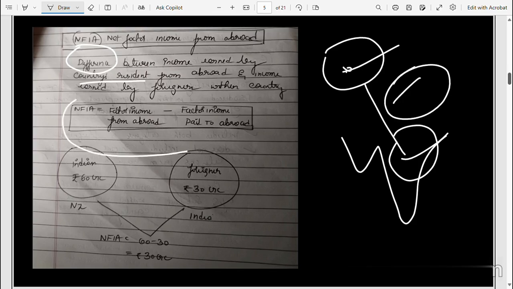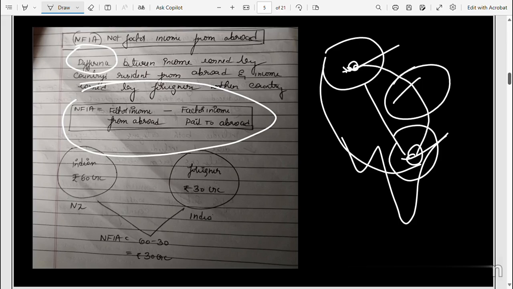So how do we calculate it? The net factor income is equal to factor income from abroad minus factor income paid to abroad. Here the foreigner is working in India, and his income is paid to his own country, imagine that is Dubai. But the citizen of India working in Dubai, his income is considered as income from abroad.